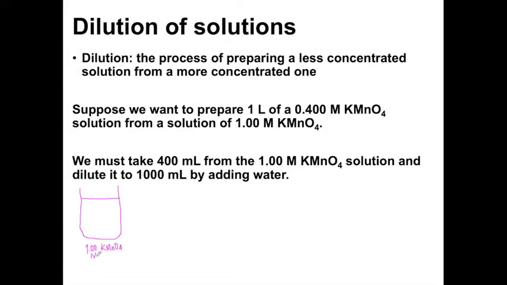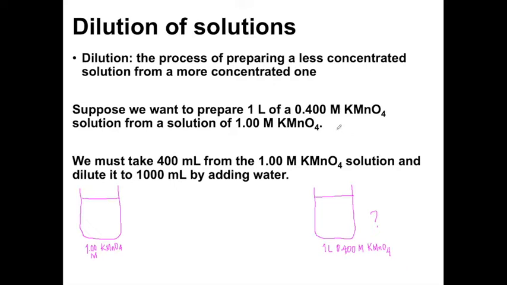So this is 1 molar. Now I want to prepare 1 liter of 0.4 molar potassium permanganate.